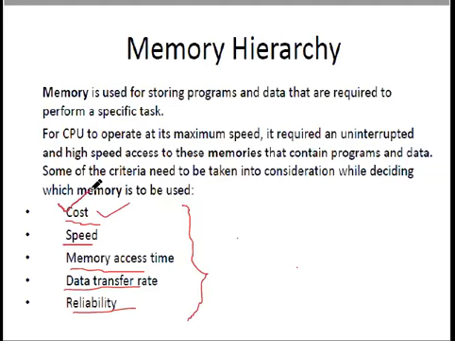Memories are classified on the basis of cost, speed, memory access time, data transfer rate, and reliability. Depending upon these parameters, different types of memories are used in a system, and they are organized on the basis of these parameters and the application required for that particular program.